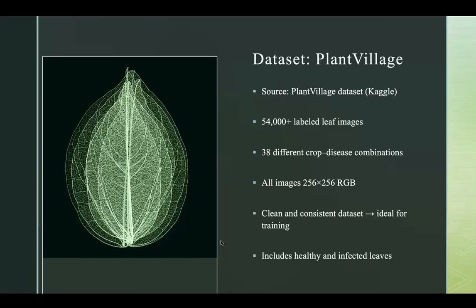For our project, we selected pepper leaf diseases, potato leaf diseases, and tomato leaf diseases. After combining all of them, we ended up with 15 classes in total for training and testing. Because the dataset is already well organized, we were able to load it easily using MATLAB's imageDatastore.